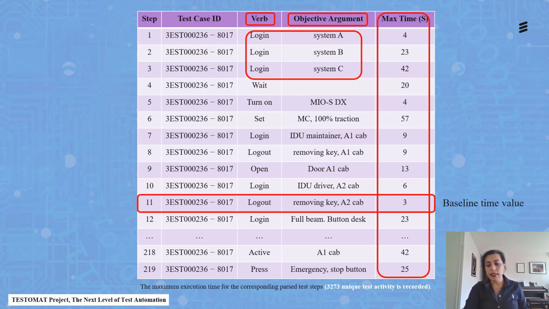As we can see in line 11, the tool couldn't find any time specified in the test specification, and that's why we took 3 seconds, the baseline time value for this test step. For those test steps and test cases where we couldn't find a time, we use this baseline value, which, as I said before, comes from subject matter experts at Bombardier Transportation.